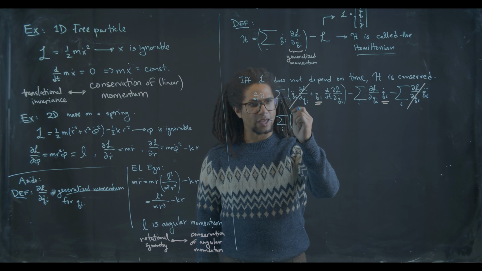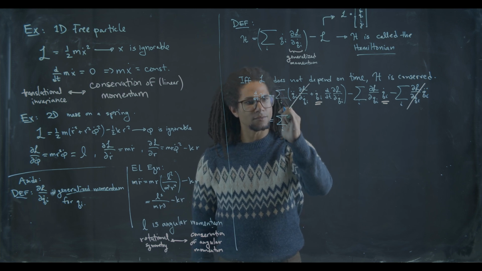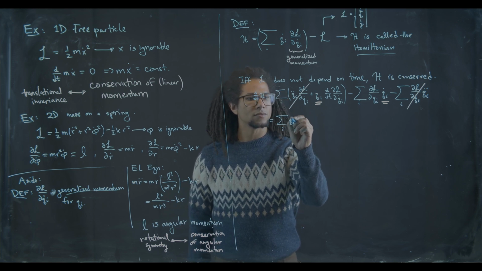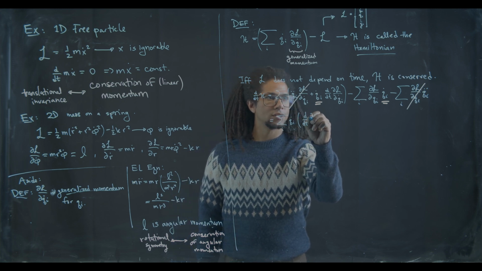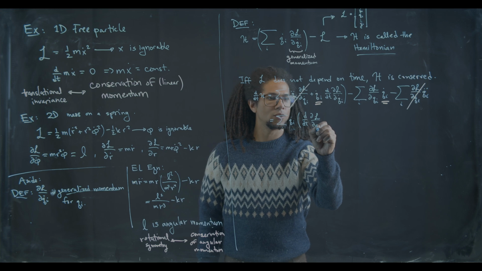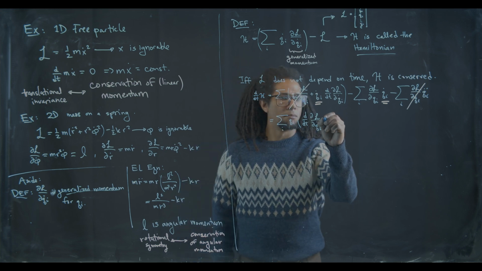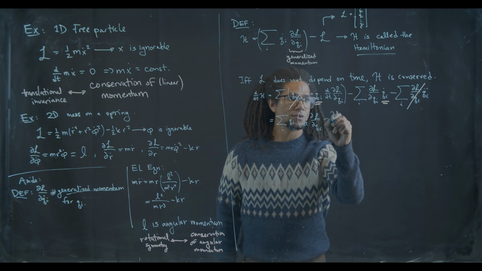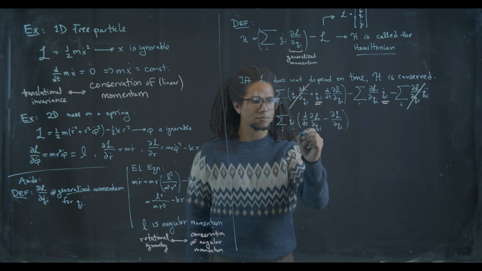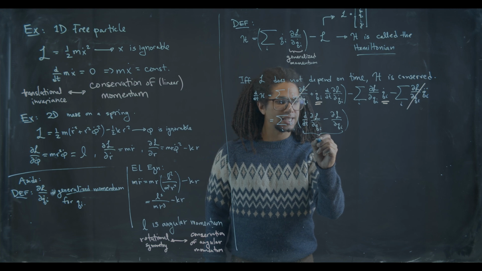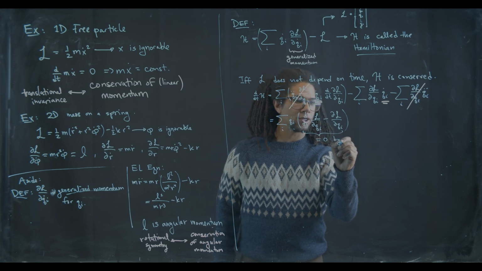All right, so I can pull that qi dot out. Then I get d/dt of dL/dqi dot minus dL/dqi. But notice that this thing is equal to 0 by the Euler-Lagrange equation.